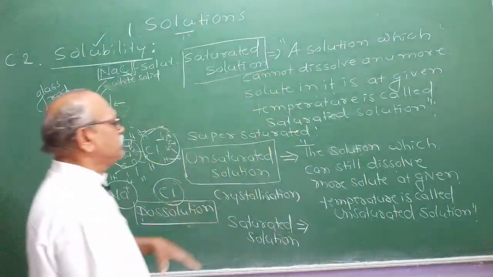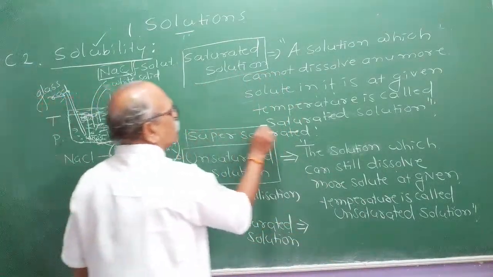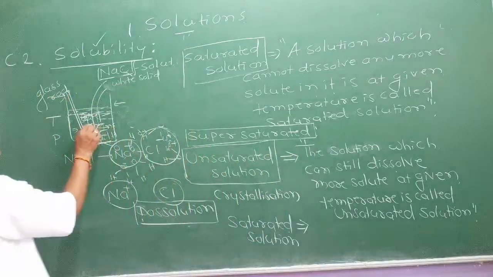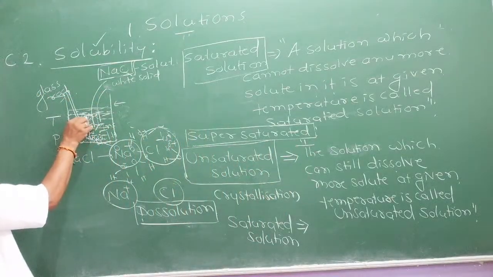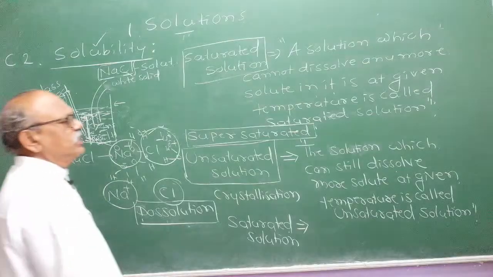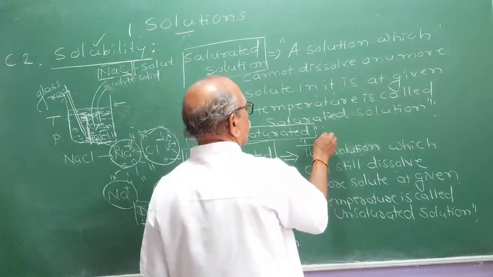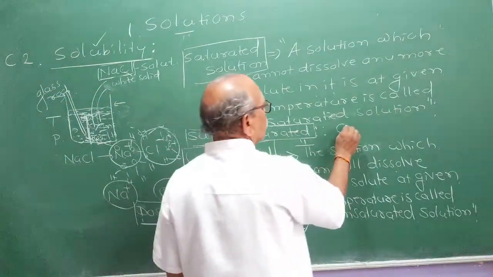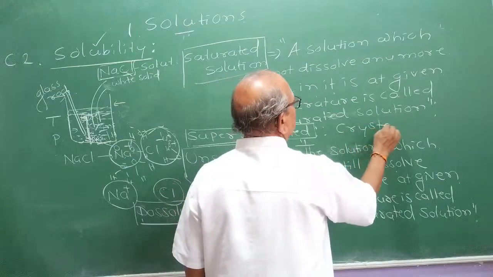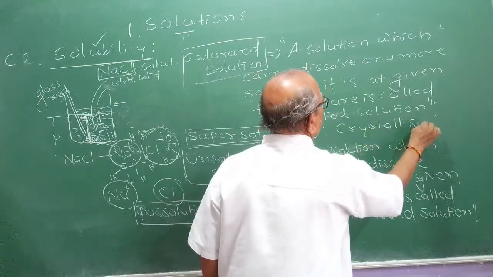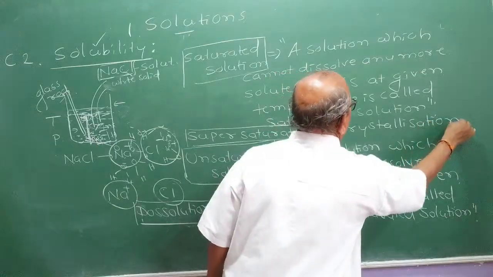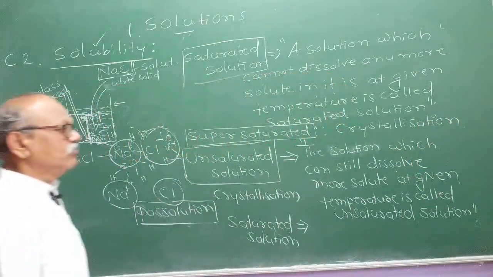That is what happens here in a supersaturated solution. The solute particles collide between themselves and settle at the bottom, and during this process you can expect crystallization. I hope you understood now.